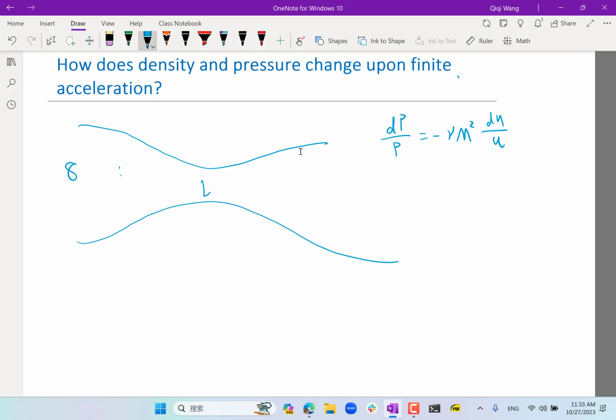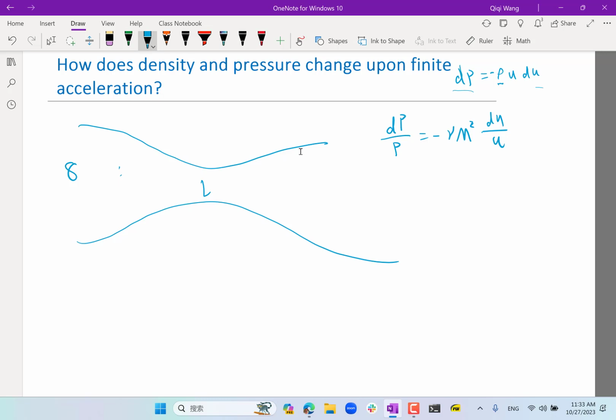We have dP equal to minus rho u du, and because rho is constant, both sides of the equation have just one variable, one is P, one is u. So we can just integrate on both sides. The problem with the compressible equivalent is that on the left-hand side we still just have P, but on the right-hand side we have two things: the Mach number and the velocity. That makes integration hard.